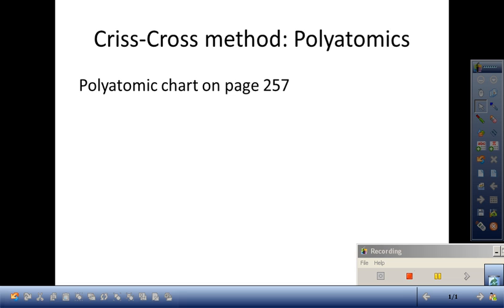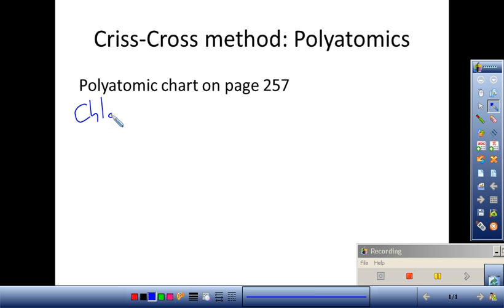Then we have the polyatomics. The only difference on the polyatomics is the group of atoms. Poly means many, so many atoms together. And you have that chart on page 257, so otherwise you don't have to memorize it. If we look at the chart on page 257, we have something like chlorate.